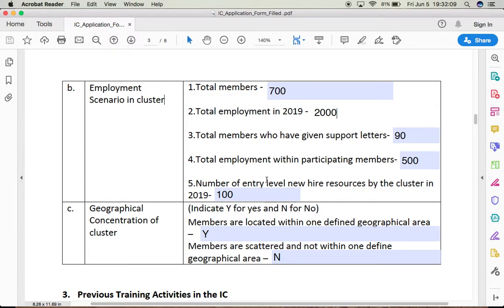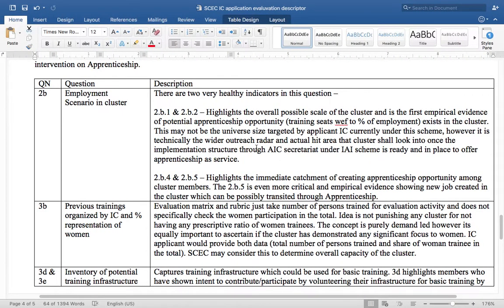Similarly, for the number of entry-level new hires, say in that example 100 newly created entry-level job opportunities in the last year, that means an immediate apprentice opportunity of 100 was available.